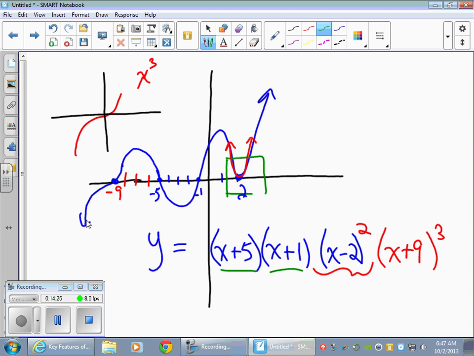If you have a square on it, the graph will be parabolic at that exact spot, so kind of bounce off it the way the second exponent did. If you have an exponent 3 at that spot, you'll get kind of a cubic move through that 0.